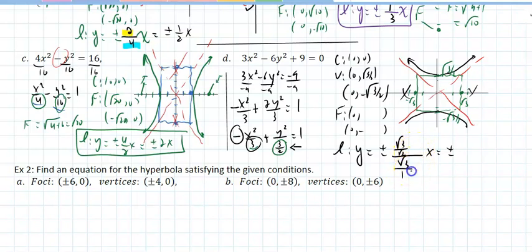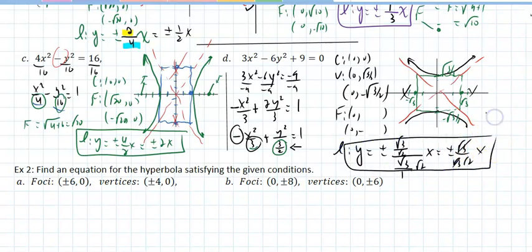That's a radical 2. So that would be radical 3 over radical 3 radical 2. So it's really 1 over radical 2x, or simply radical 2 over 2x, plus or minus.